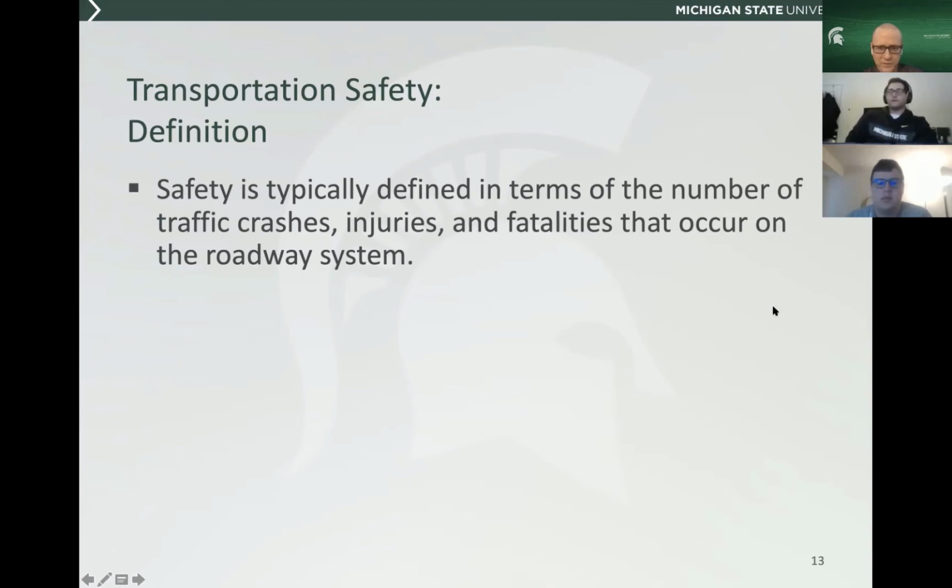Monitoring performance of that system over time, trying to determine where there are deficiencies and how those could potentially be reduced or mitigated. But then even outside of the engineering field, there are a lot of other complementary pieces that come into play here. Because unfortunately, we're relying on driver behavior, and that's generally what we see when we look at crashes.